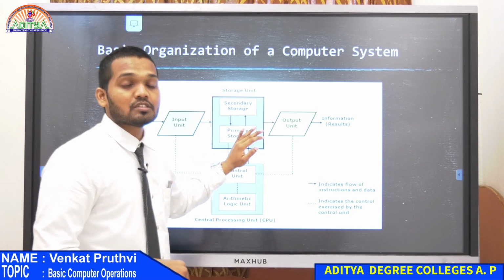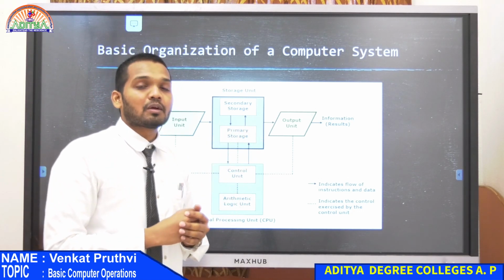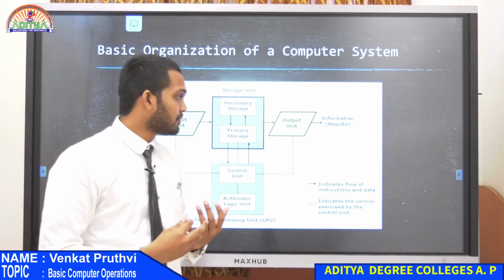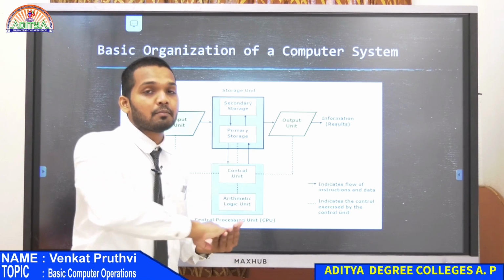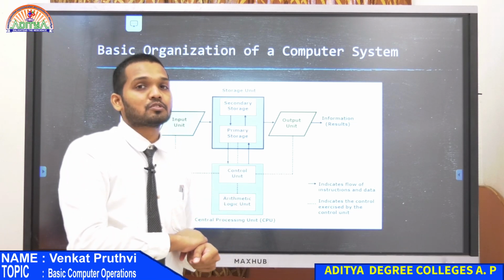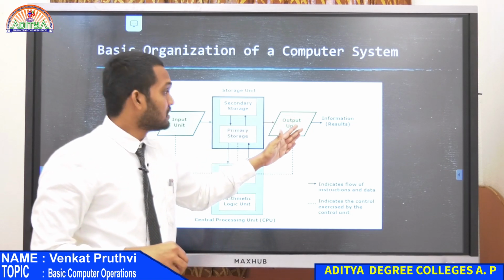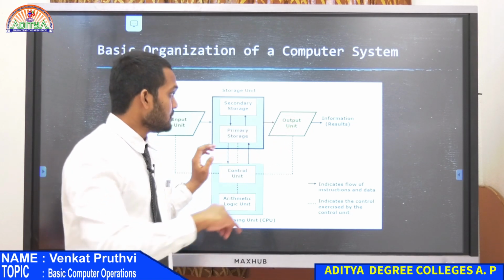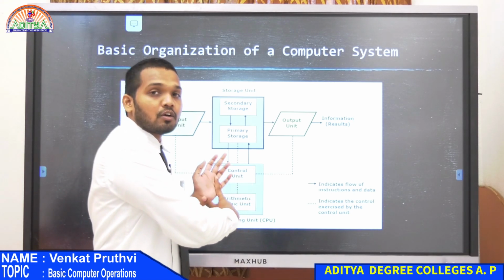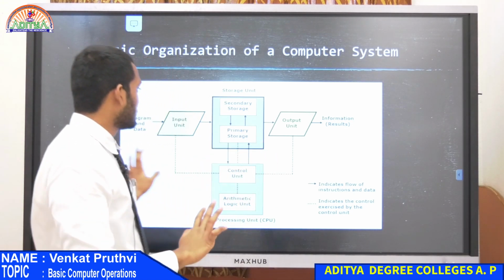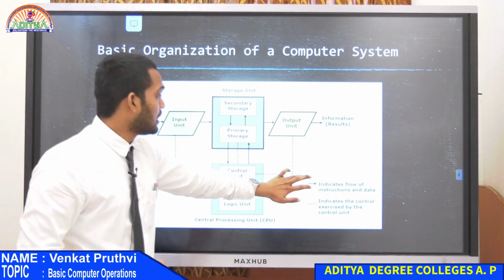Your primary storage mainly consists of your RAM, ROM, etc., where all the important programs or main functions are always done. And the output unit has other programs which translate your machine language output to the human readable form. This is the whole working of your computer system.